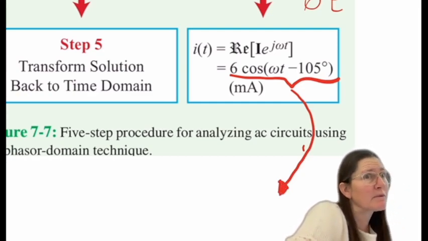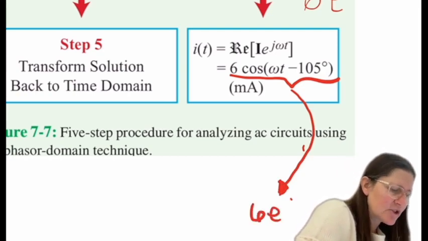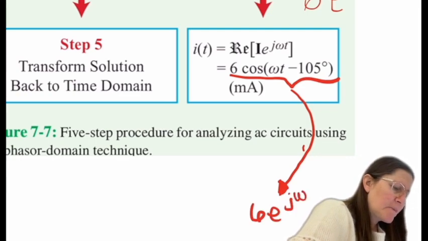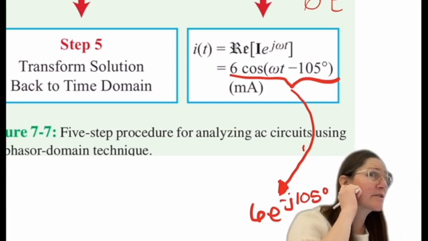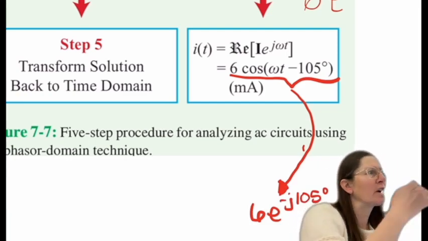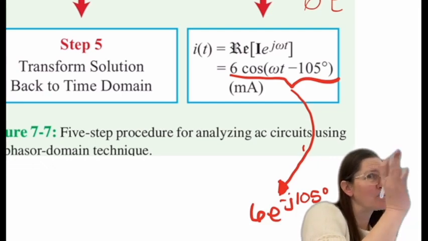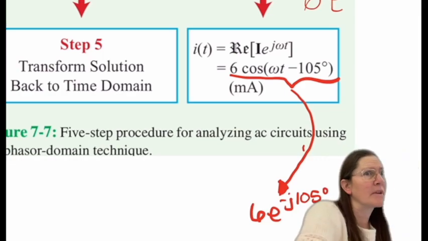And if you remember from the phasors, you would take the 6 and write it as 6e^(j) with the phase shift, 105 degrees. So it's the phase shift, and then you use the omega to find the actual value at that one omega only for the L and the C.